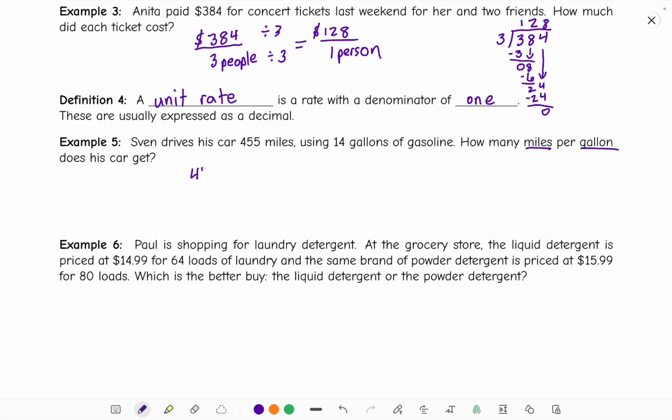So we get 455 miles per 14 gallons. And like I said, we need a denominator of 1, so we divide everything by 14. So I take the 455, divide by 14. Well, 14 goes into 45 3 times. 14 goes into 35 2 times.